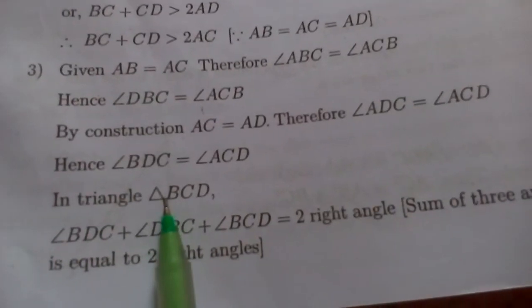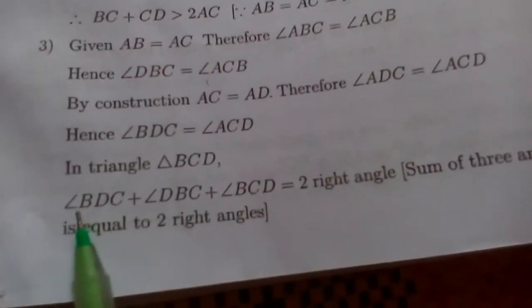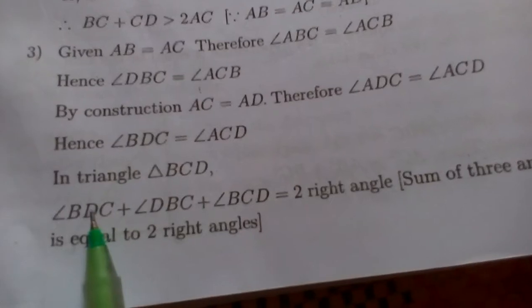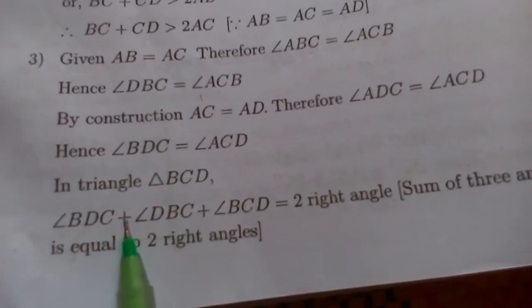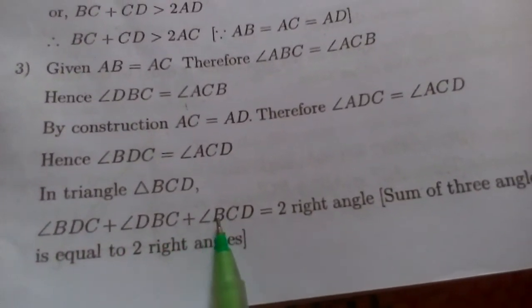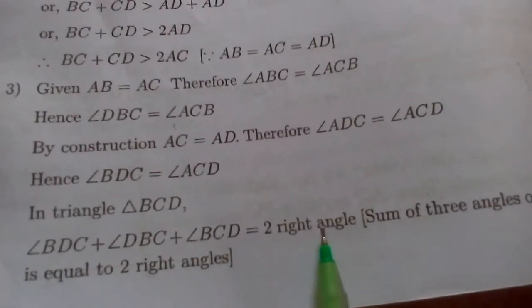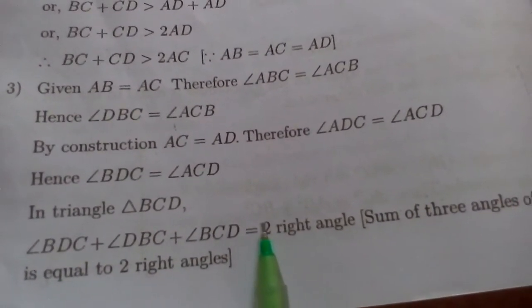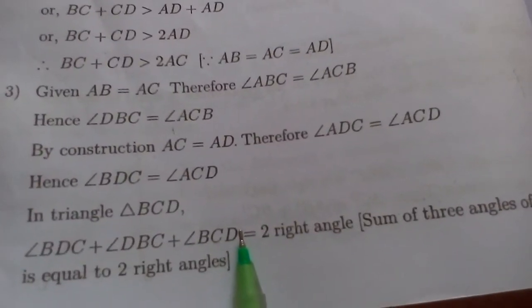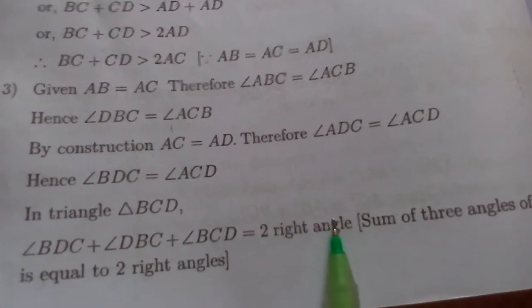In triangle BCD, we can write angle BDC plus angle DCB plus angle BCD equal to 2 right angles, because we know that the summation of three angles of any triangle is two right angles or 180 degrees.